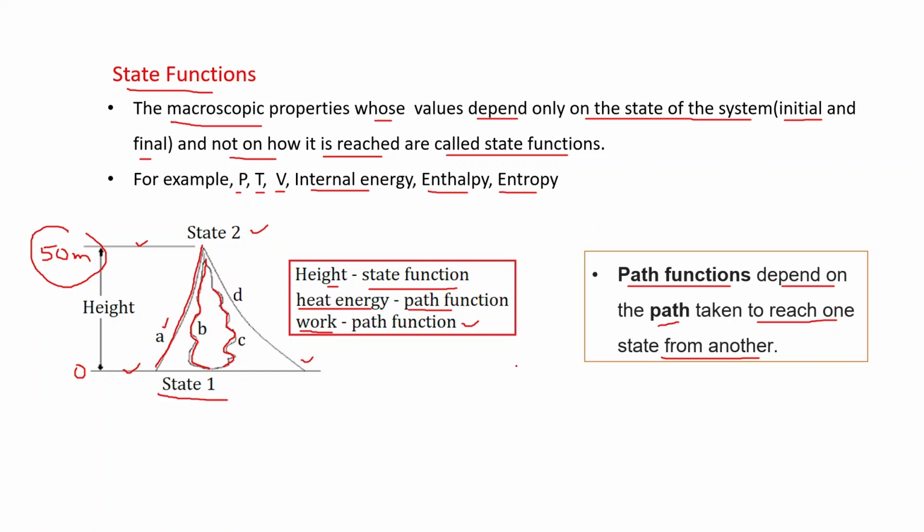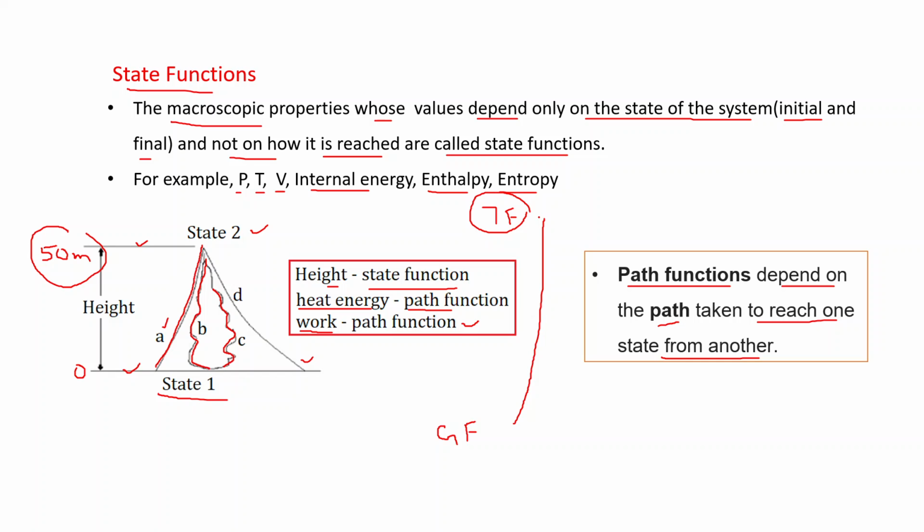You can also take one more example. If you are standing at the ground floor and you want to go up to the 7th floor of one building. Now two ways are there. One is by stairs and another one is by lift. After reaching the 7th floor, your height, whatever way you choose, is fixed.